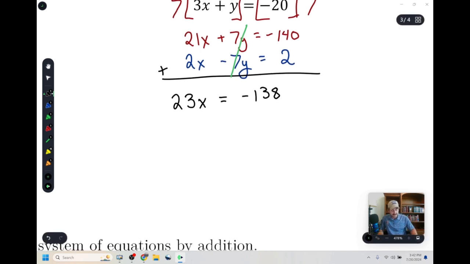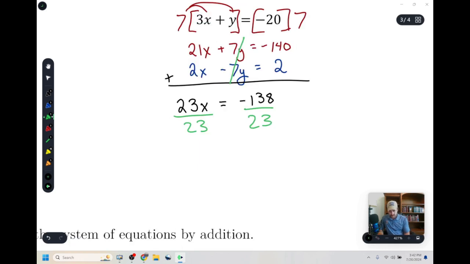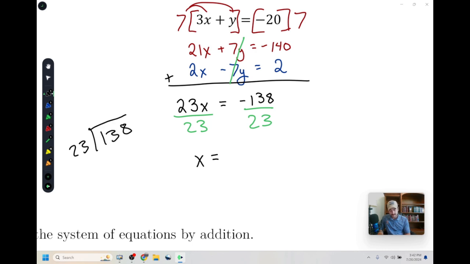And so then the question to ask ourselves is, how many times does 23 go into negative 138? That's a little bit harder of a math problem. x equals, does 3 turn into 8 anywhere? Negative 138? That's tough. 5 maybe? 5 times 23? 15, 108?